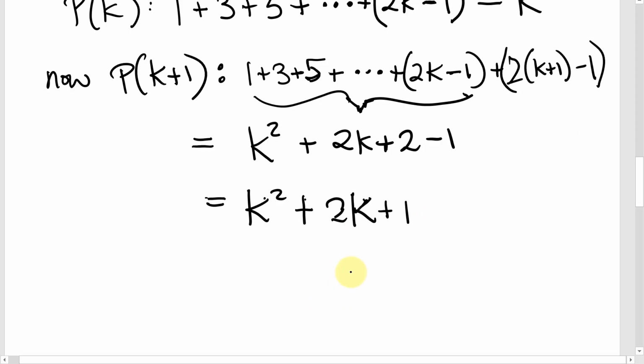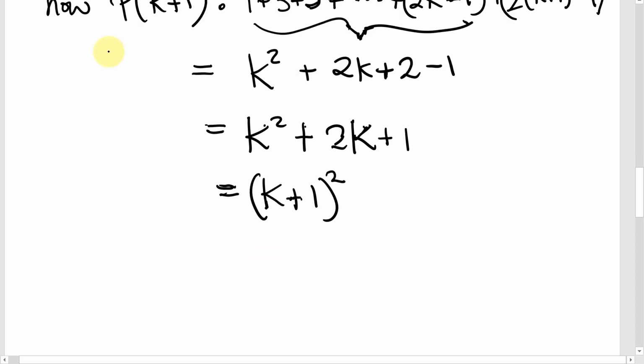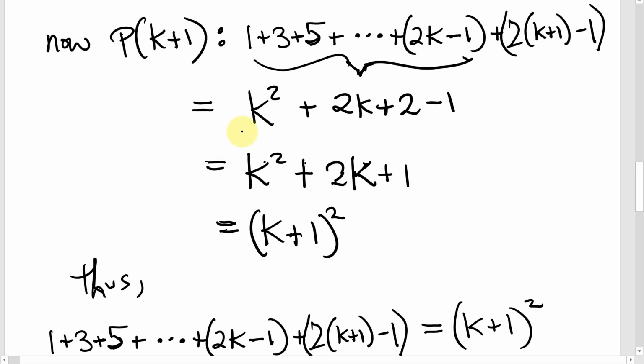And of course that's going to factor, which I want to do to say equal to... So I've used that inductive hypothesis, that 1 plus 3 plus 5 adding up to 2k minus 1, the sum of the first k odd numbers, is equal to k squared. Then I distributed this and realized algebraically that it's equal to k plus 1 all squared.